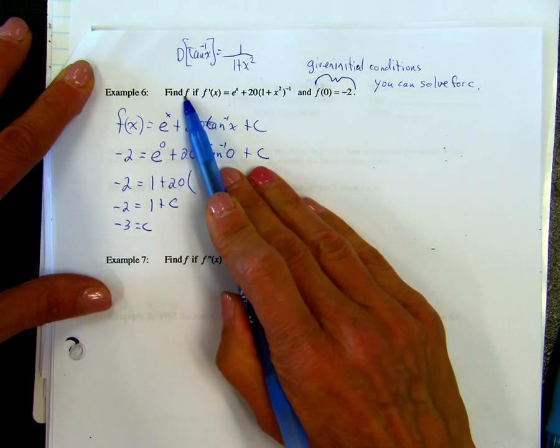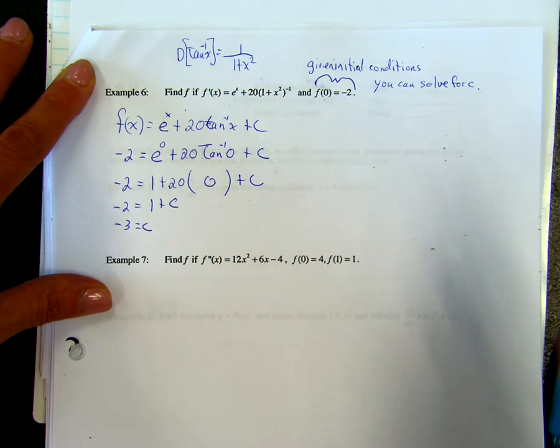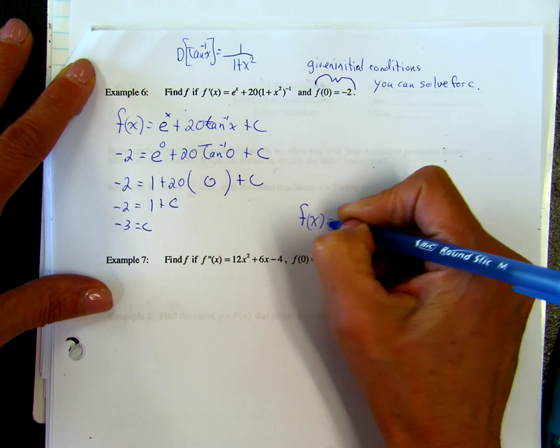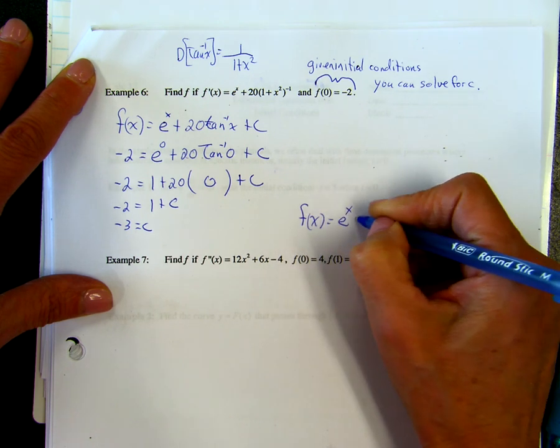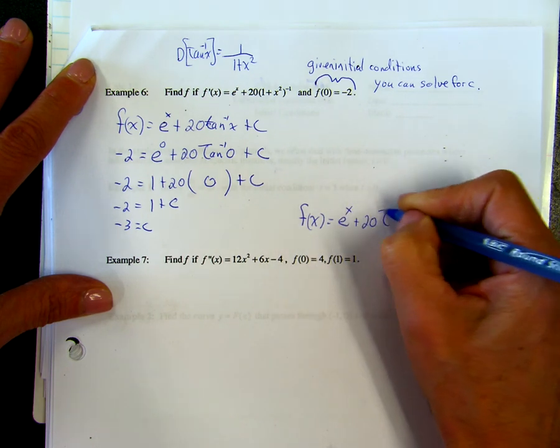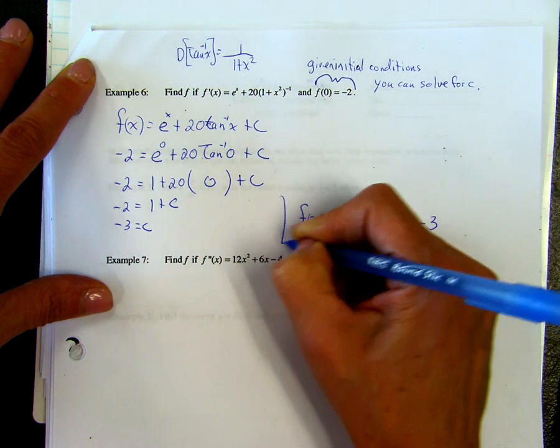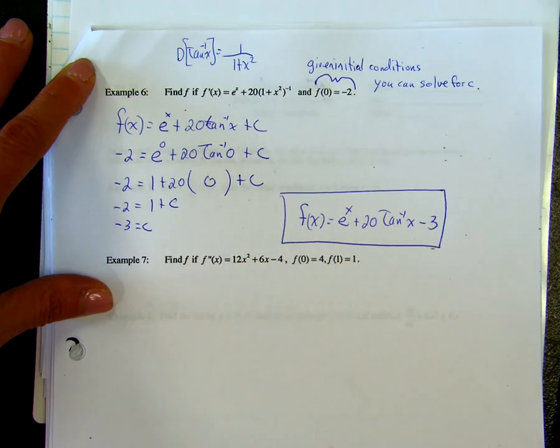So we were supposed to find f under these conditions, so here's my solution. f of x is equal to e to the x plus 20 arctan x minus 3, filling in those initial conditions.